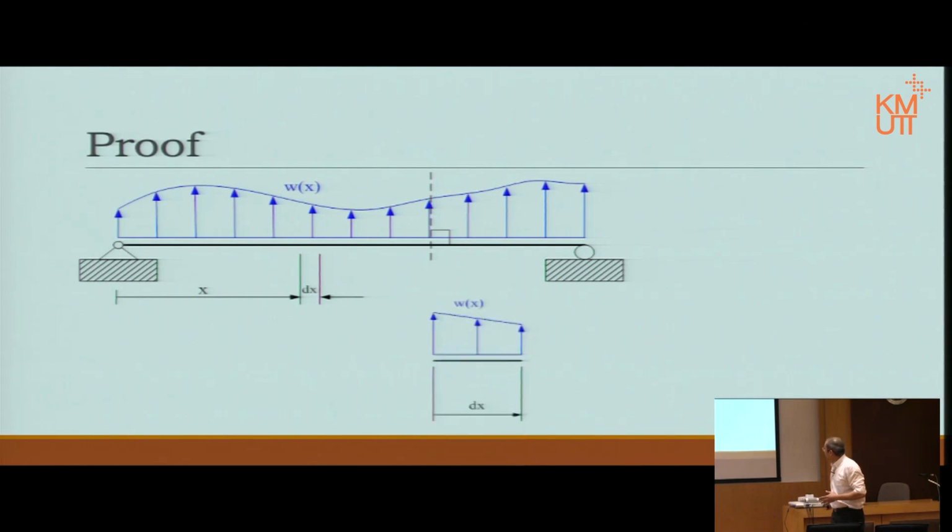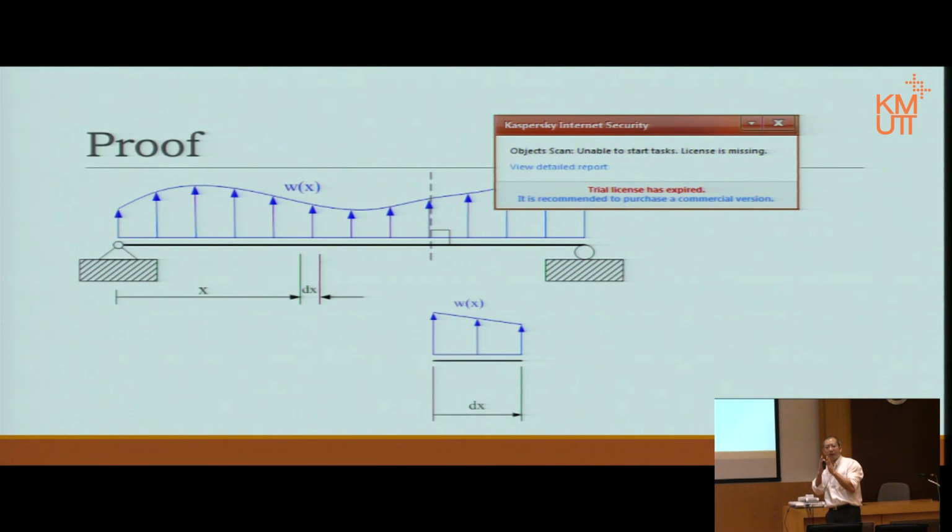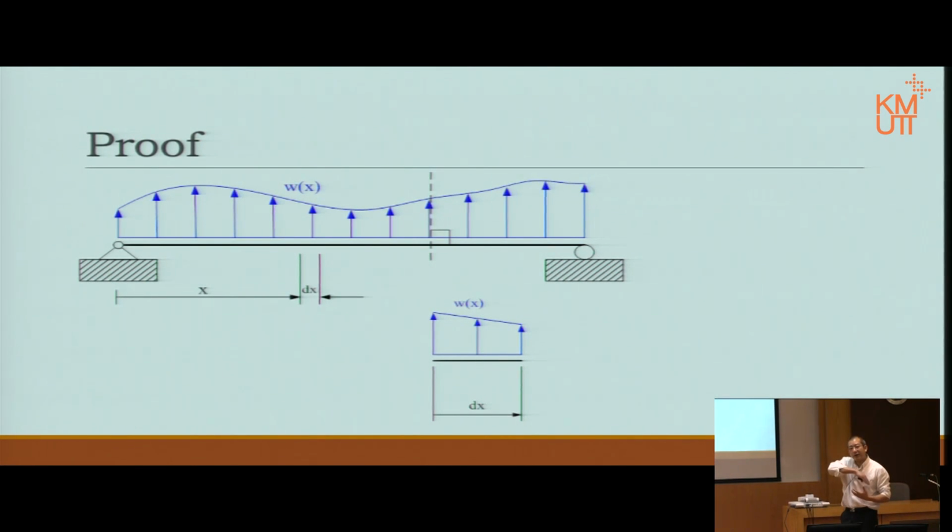Then we look at that small element. This small element is small enough to consider that W is a straight line function. It's just in a very small distance. This fits the idea that the curvature comes from small straight line segments, continuous, changing angle.